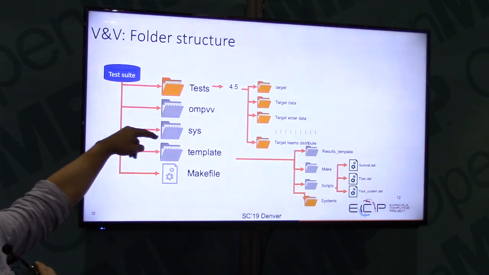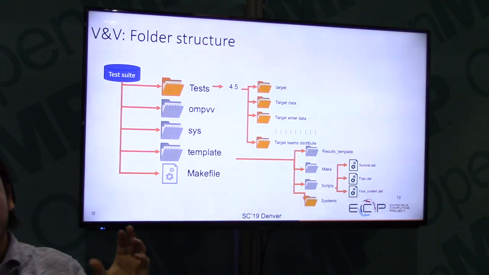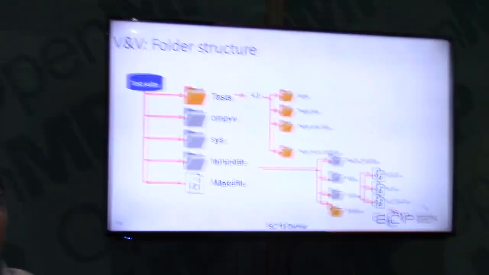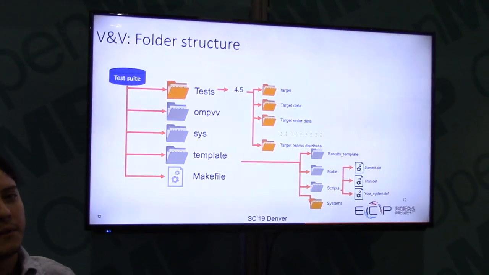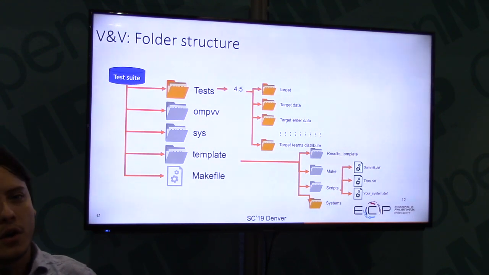On the other side, we have a folder inside of which we keep a systems folder where we allow people to specify a particular flag that they want for systems or particular compilers that they're working on, so they can extend the available compilers.